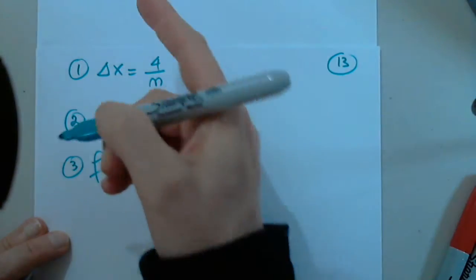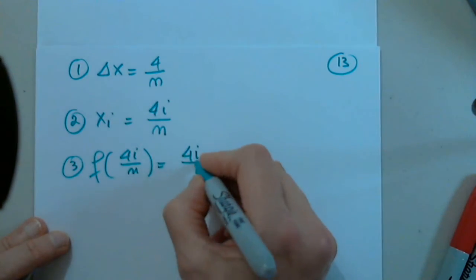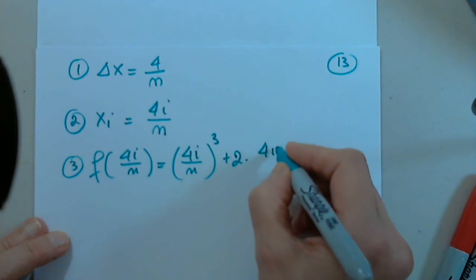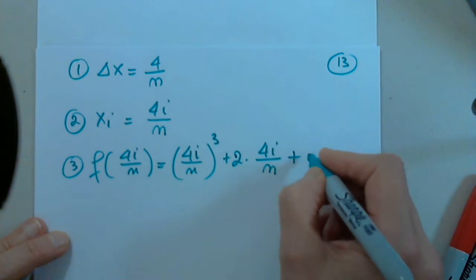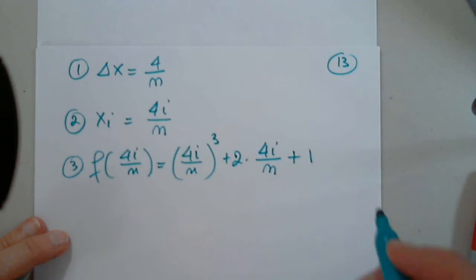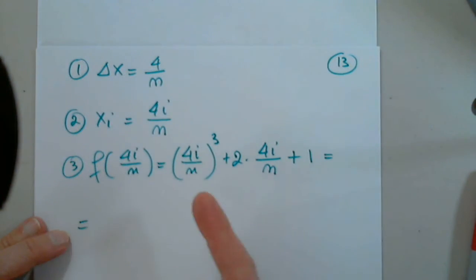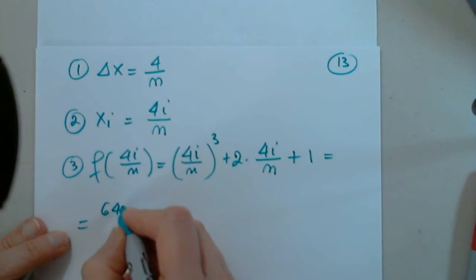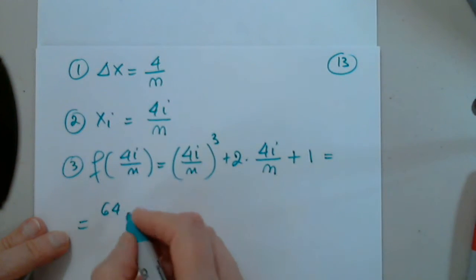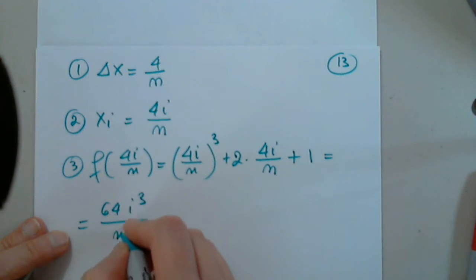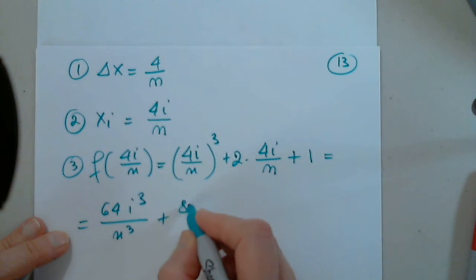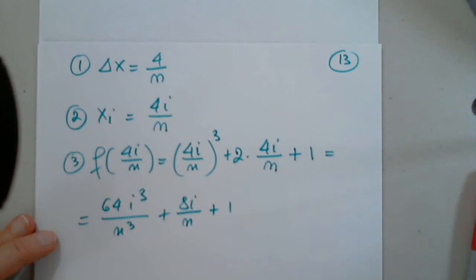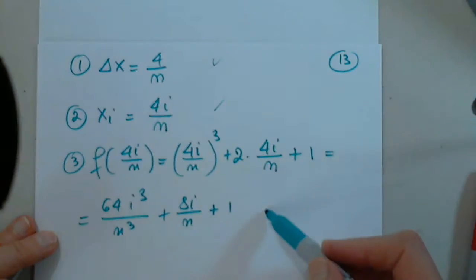So I have (4i over n) to the third plus 2 times 4i over n plus 1. Simplify fully. 4 to the third is 64, right? So 64 i cubed over n cubed plus 8i over n plus 1. So I have prep 1, prep 2, prep 3.